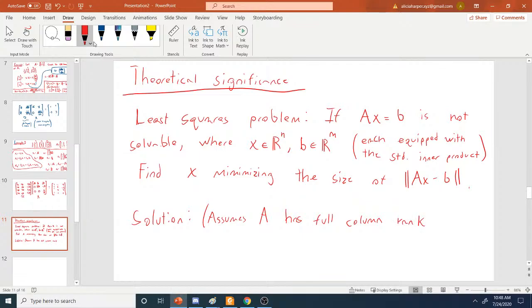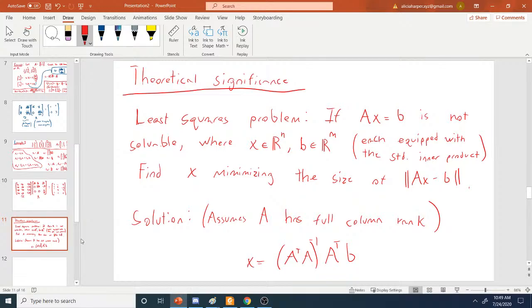Then we have shown that x is just equal to (A transpose A) inverse times A transpose b. So this is what we proved when we were studying the least squares solution for solving these kinds of problems.